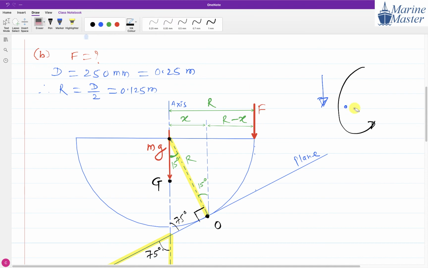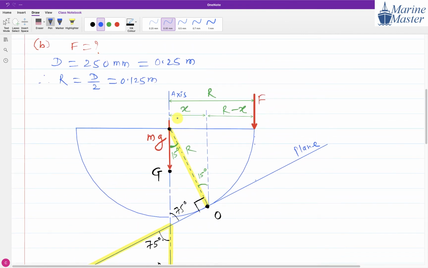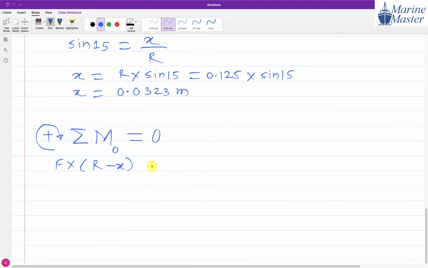The perpendicular distance of mg will be x. So then minus mg into x will be equal to 0.